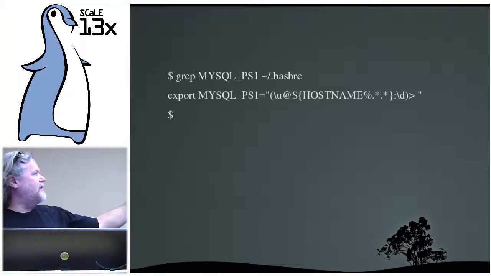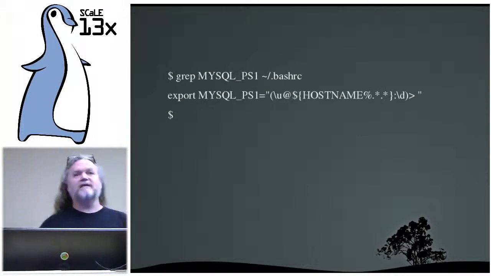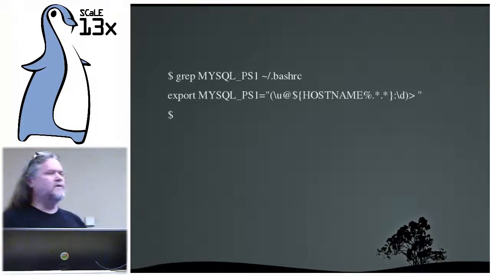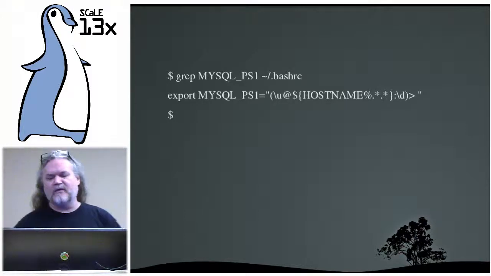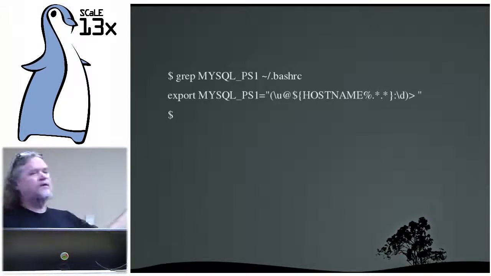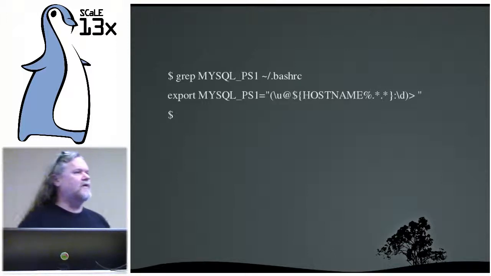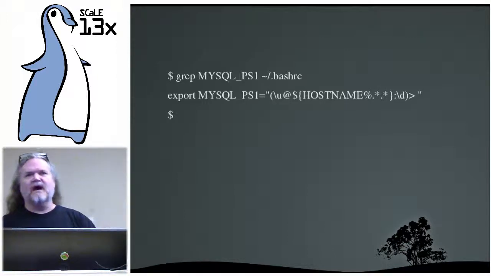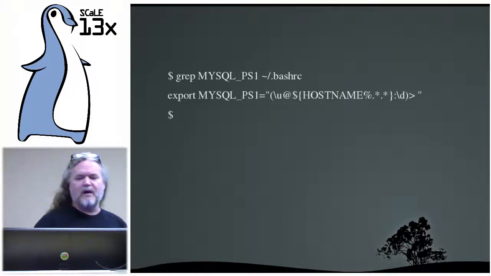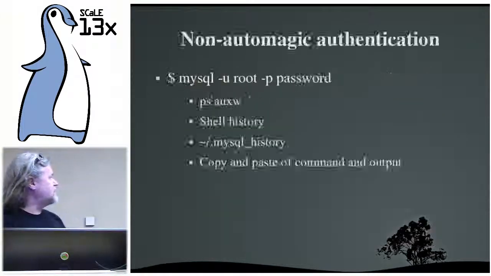And then the \D is saying what database we are talking to. So when you use MySQL, use the information schema, use Fred's favorite database, whatever you're using, you can get that. And of course, we still have the greater-than and a space, so we have good separation on the prompt.